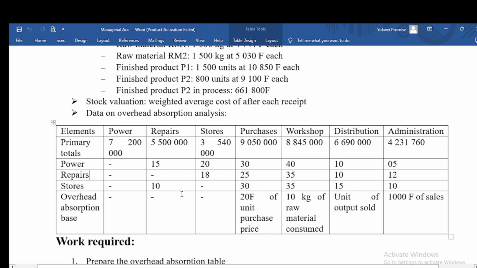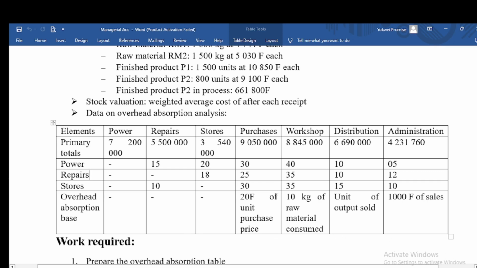So these three, our auxiliary centers, at the end always tend to a total of 0, and then we move further. That's why looking at the overhead absorption base, you will see that power, repairs, and store don't have any absorption base, but purchases, workshop, distribution, and administration have their absorption bases.